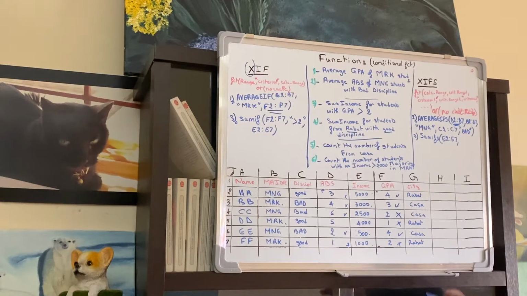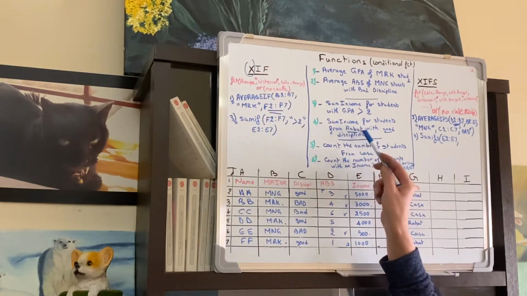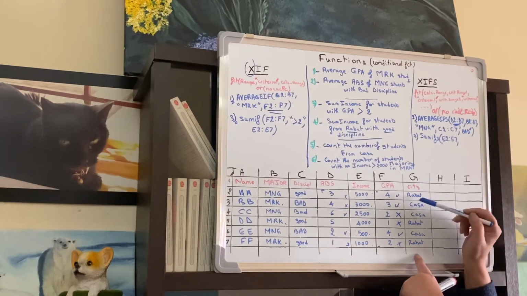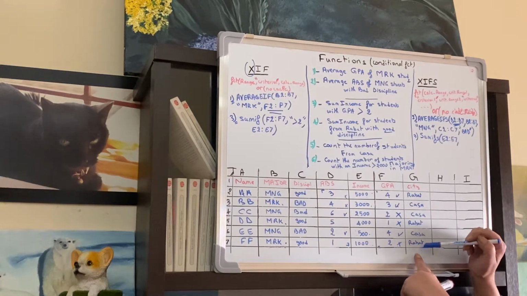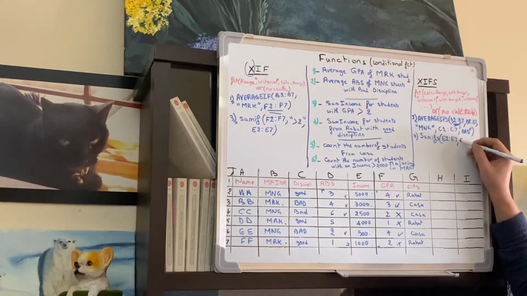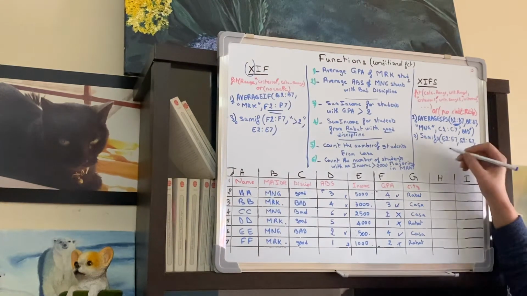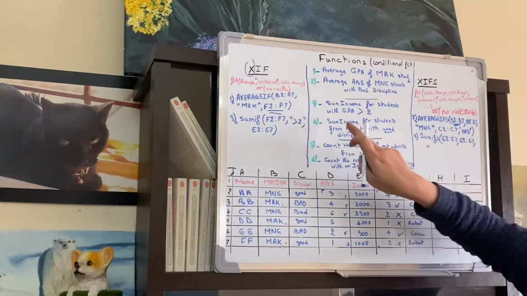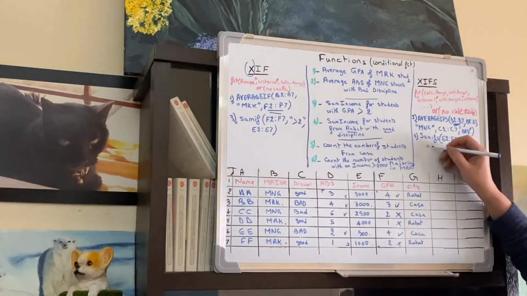What is the criteria? The first criterion, it's Rabat. Where is Rabat? It's in the city. So where am I looking for Rabat? I'm looking for it from G2 to G7. Okay, from G2 to G7, comma, look for, between quotes, what am I looking for? I'm looking for Rabat.